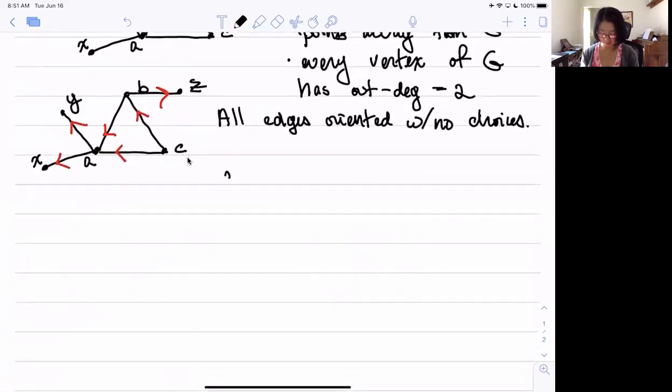And what does the rigidity matrix look like? There are vertices for A, B, and C. Those are 2 columns each.